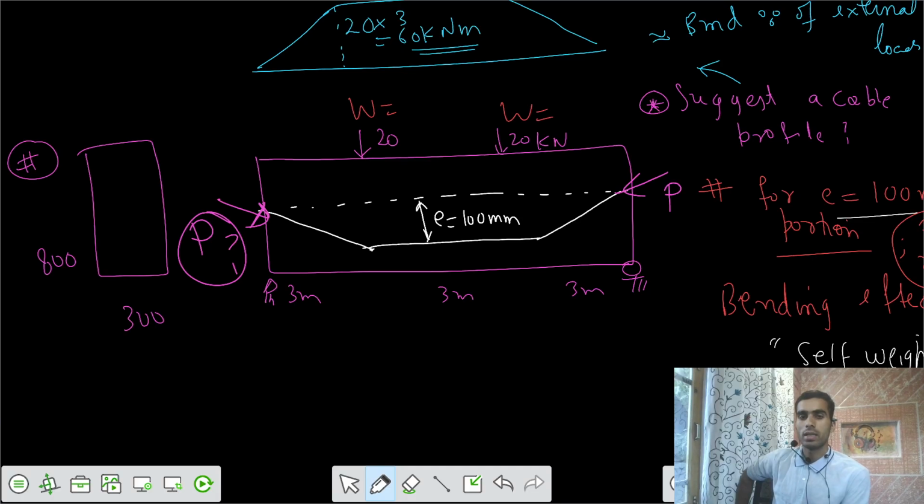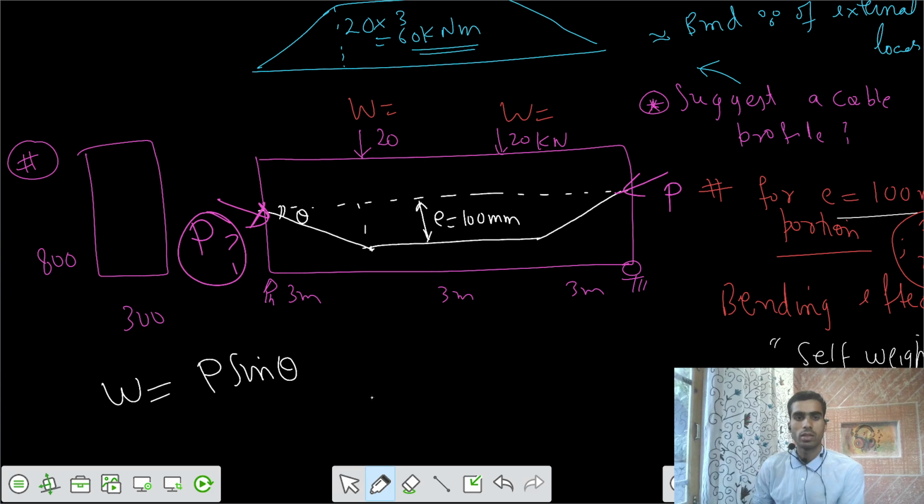So I would say that W should be equal to P sine theta, as we have already studied in the load balancing concepts. If this is theta, W should be equal to P sine theta, and sine theta is approximately equal to tan theta for small values of theta. So we can solve that.